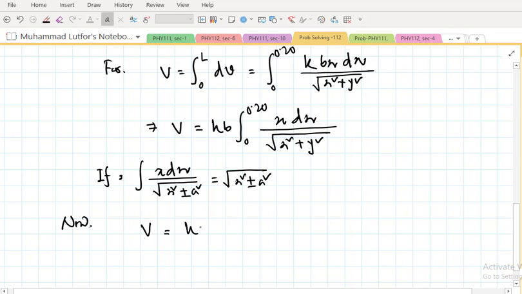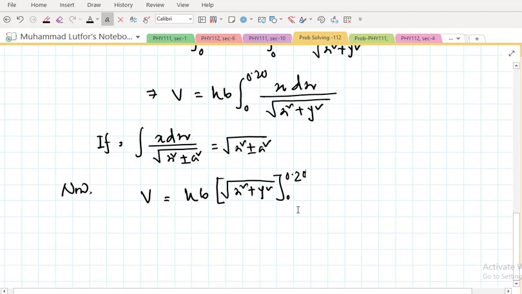It would be kb times root over x square plus y square, with limits 0 to 0.2. Now once you plug in x equal to 0, you'll find only the y.